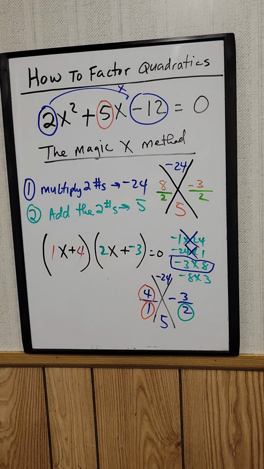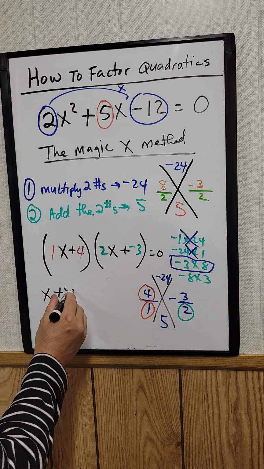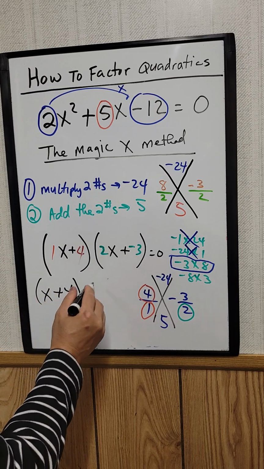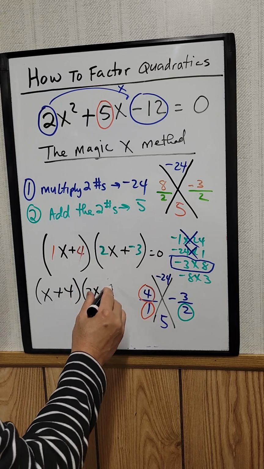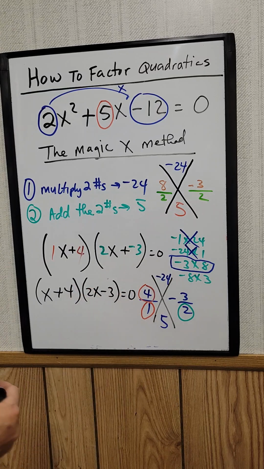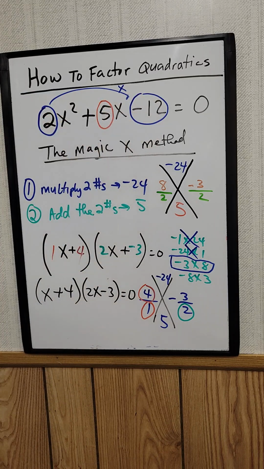And then we can rewrite this as x plus 4, 2x minus 3, equal to 0.